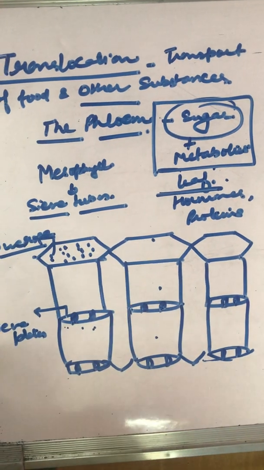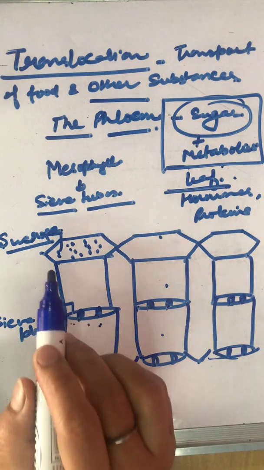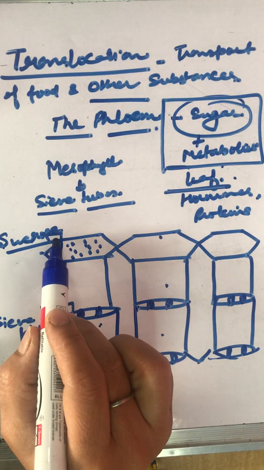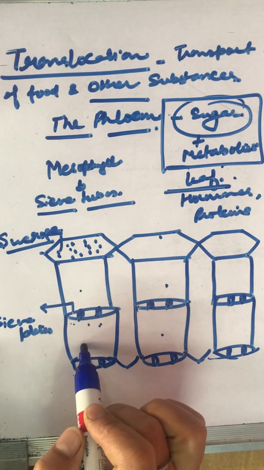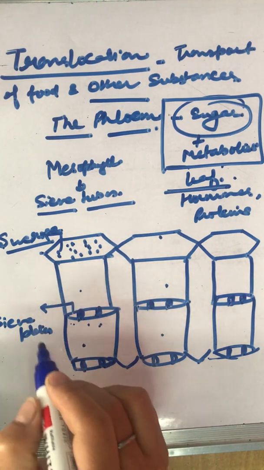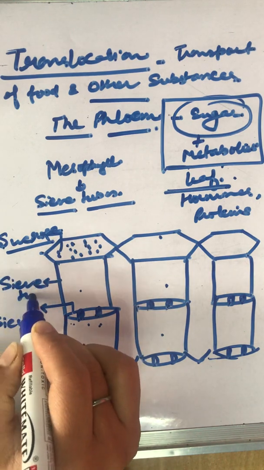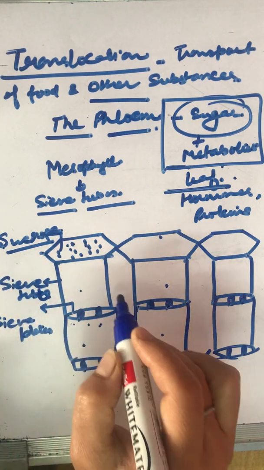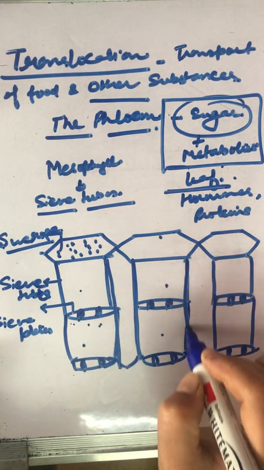I'm calling it sucrose. Why? Because the mobile form of sugar that is to be transported to various regions of the plant body is known as sucrose. It is synthesized by the mesophyll cells of a leaf, and it has to enter the sieve tube cells of the phloem. These are the sieve plates, these are sieve tubes, long columns, and these are the companion cells in between.